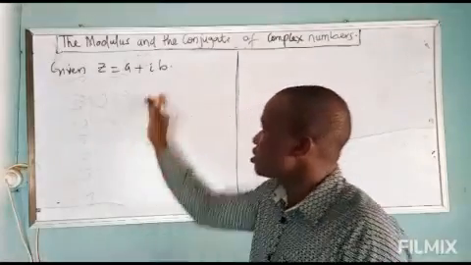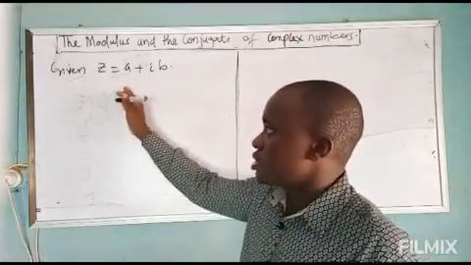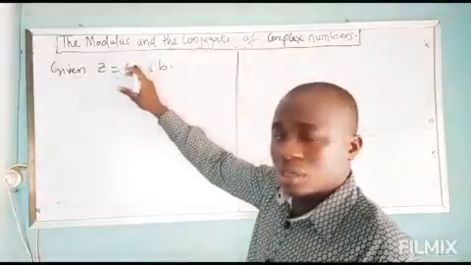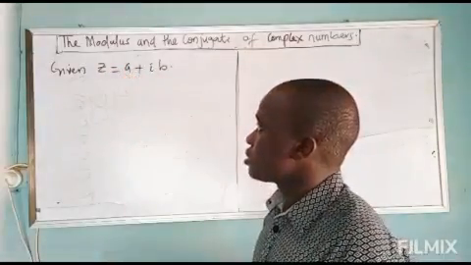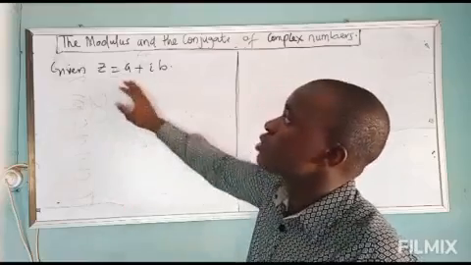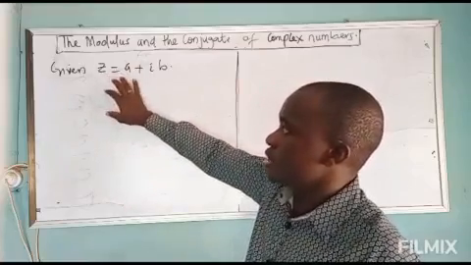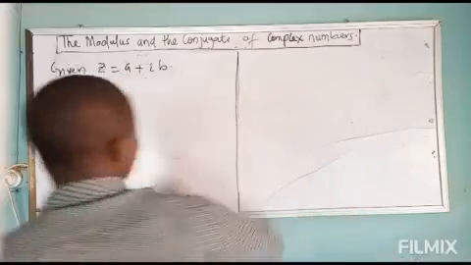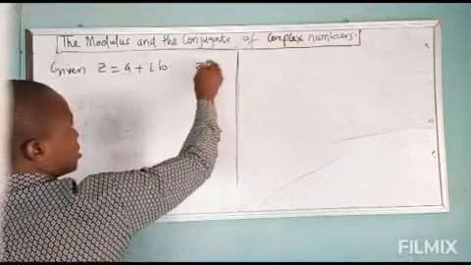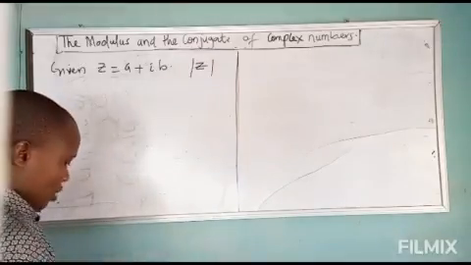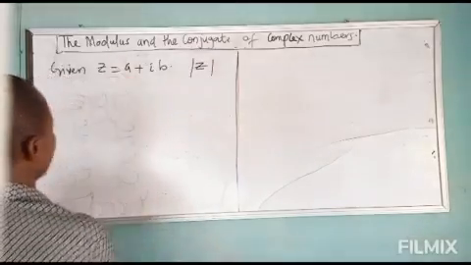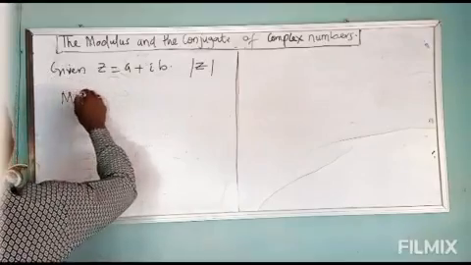Having given this complex number z, the modulus of z is denoted by the absolute value of z.